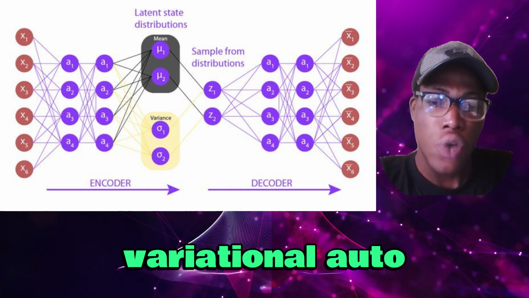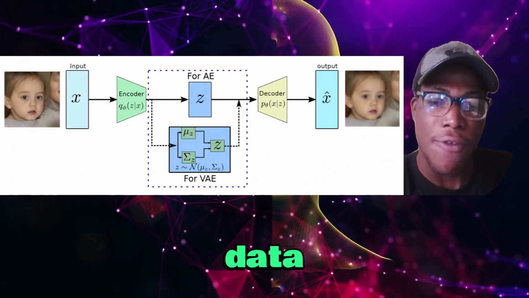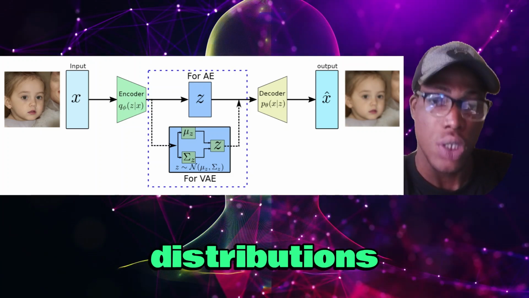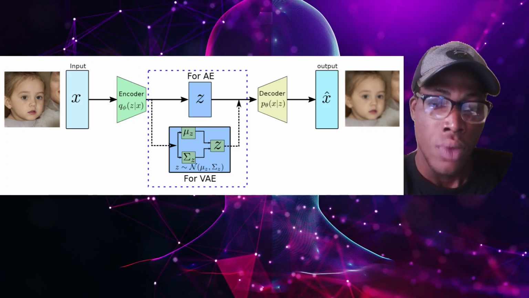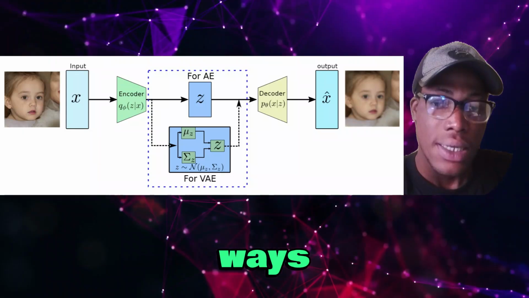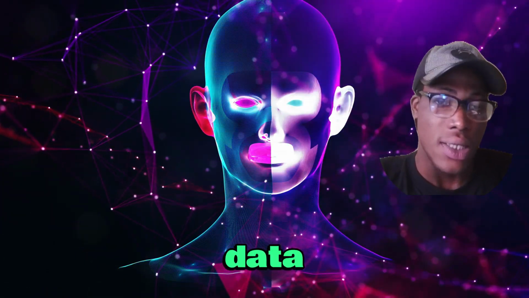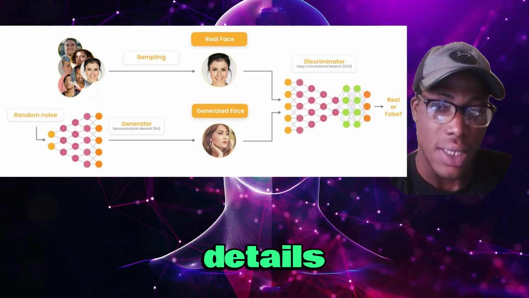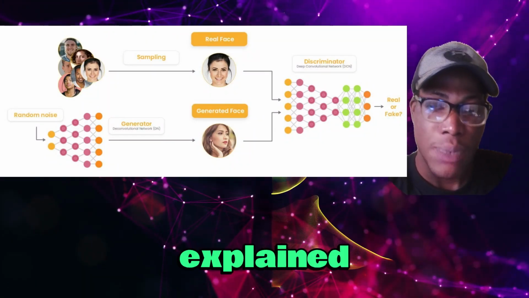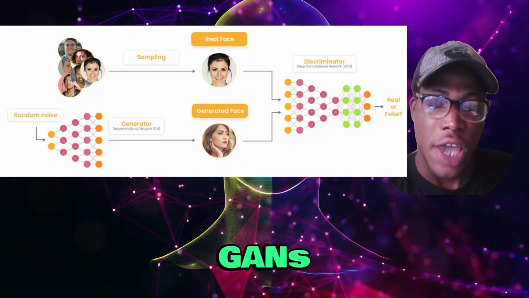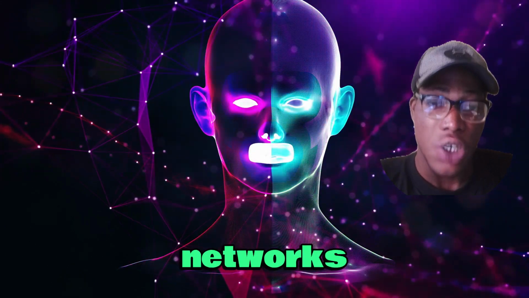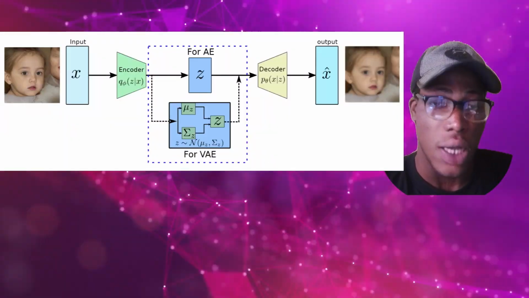They can generate new data that follows the learned distributions. So we have two ways generative AI generates this realistic data: number one, the GANs, and number two, the variational autoencoders.